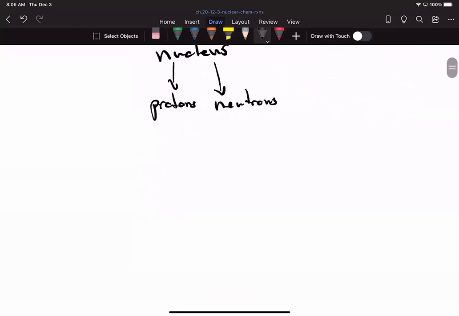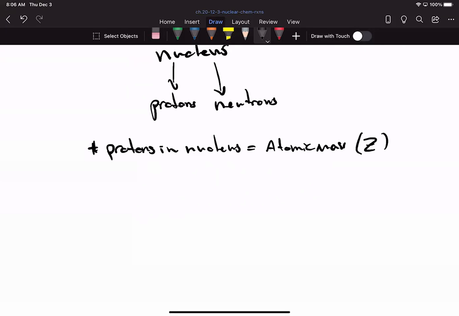In this particular chapter, when we talk about the number of protons in a nucleus, we know this is equal to, just a reminder here, atomic mass.